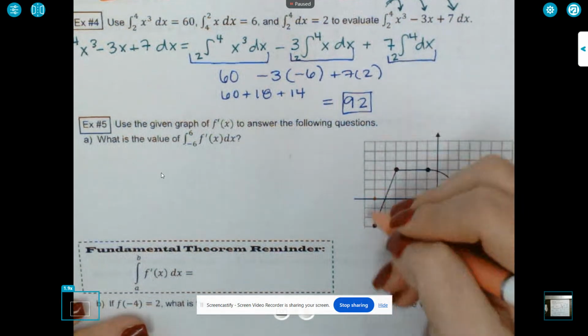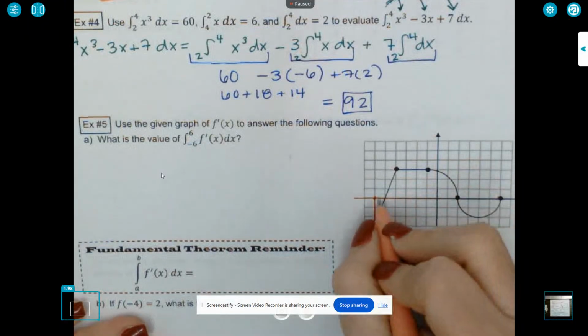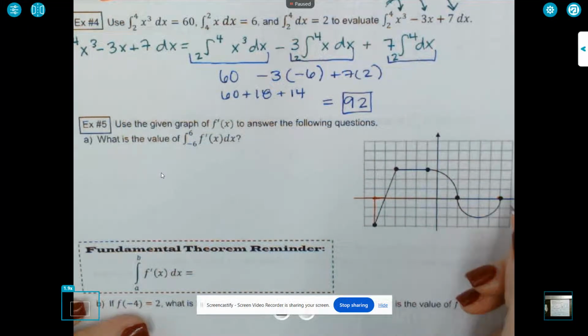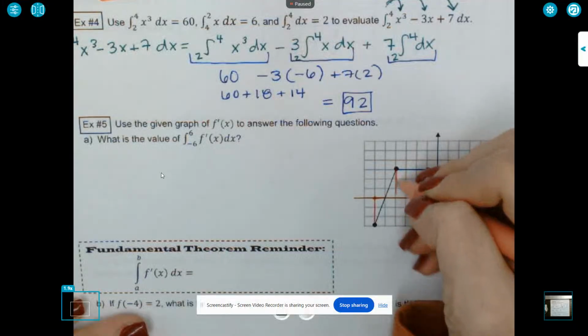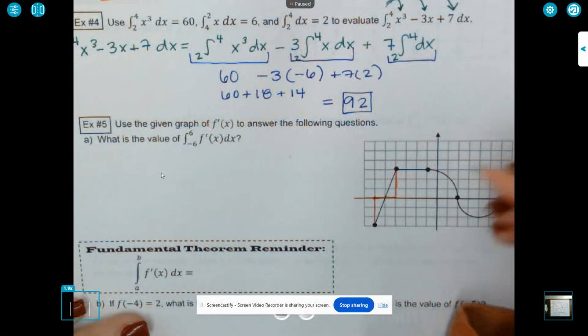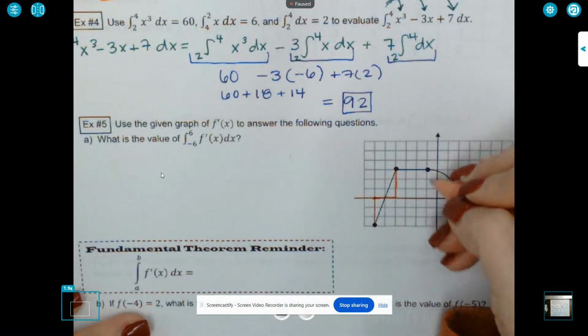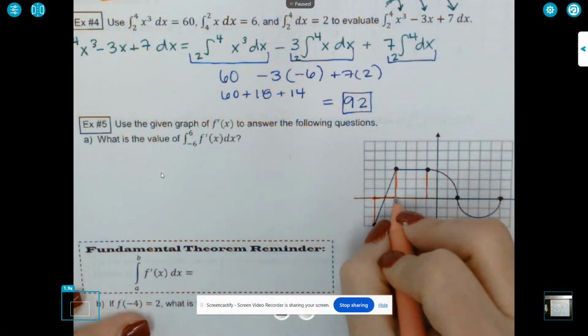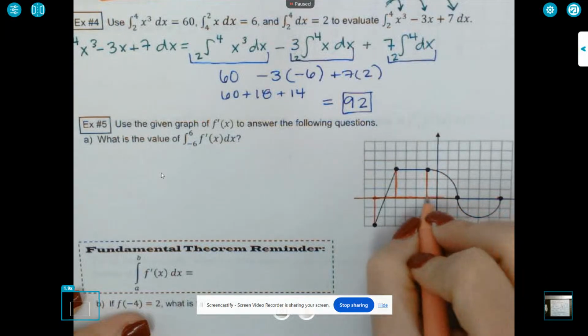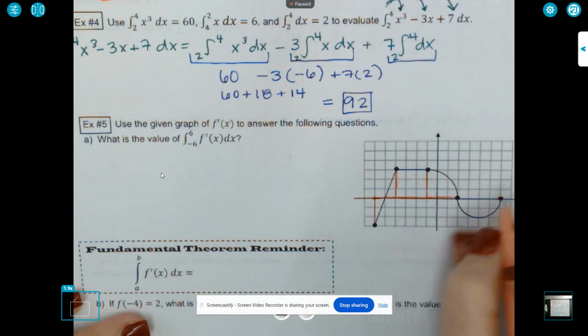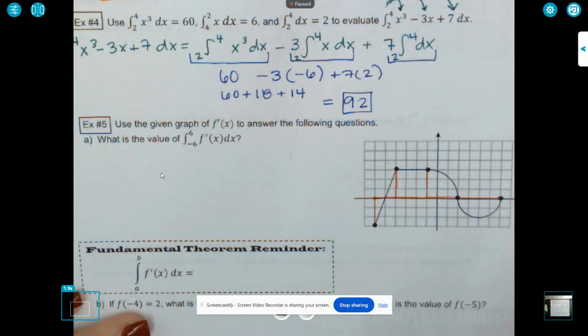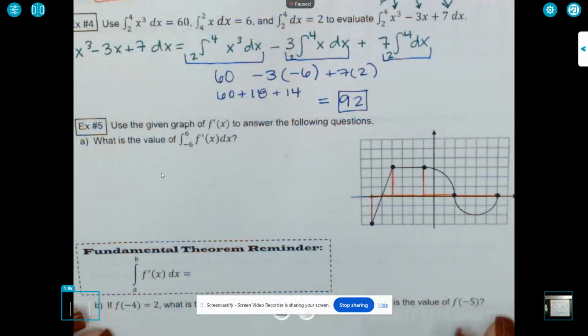All right, so let's look. This one's going to be that triangle. Got another triangle. And y'all, you can do this however you want to do this. Remember, you can break apart whatever you want to do. All right, so let's see what we've got.